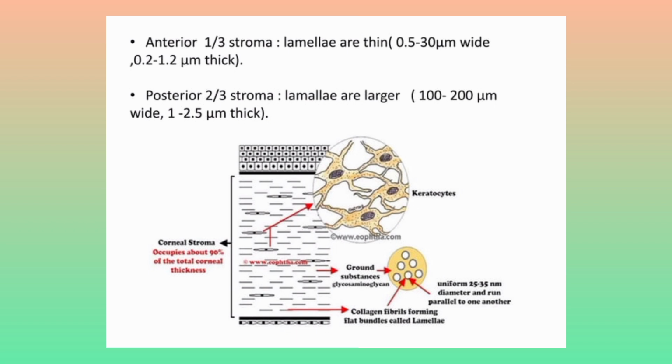Anterior one-third stroma: lamellae are thin, 0.5 to 30 micron wide and 0.2 to 1.2 micron thick. Posterior two-third stroma: lamellae are larger, 100 to 200 micron wide and 1 to 2.5 micron thick.